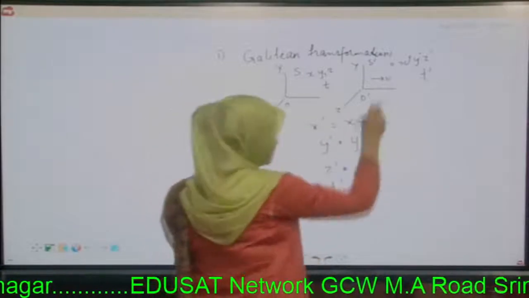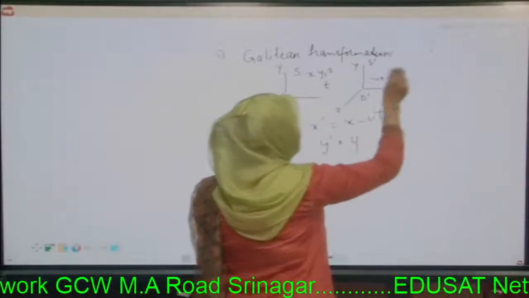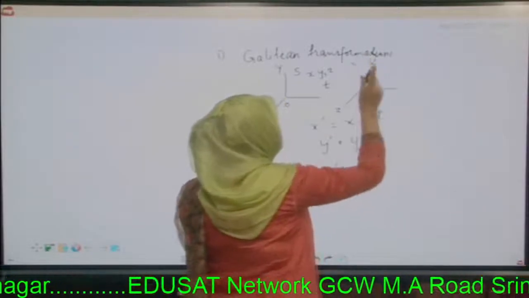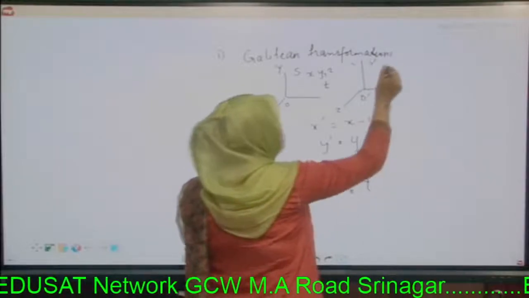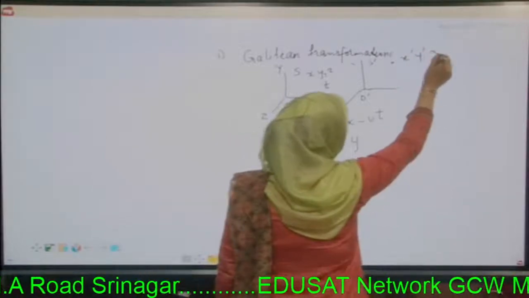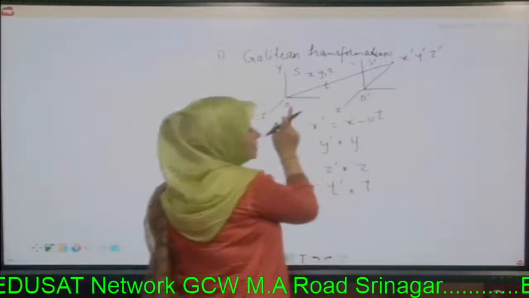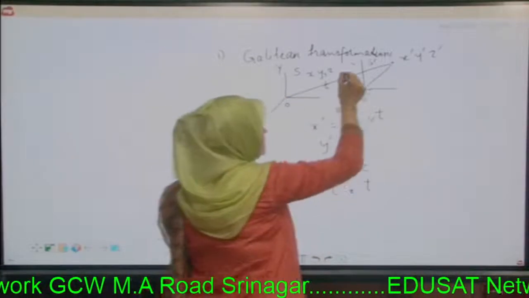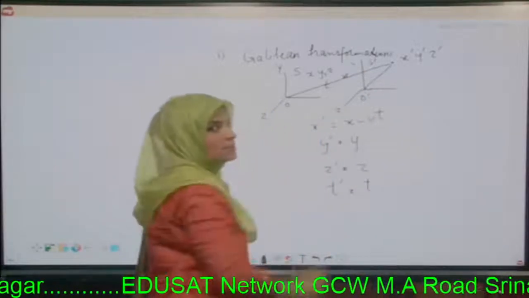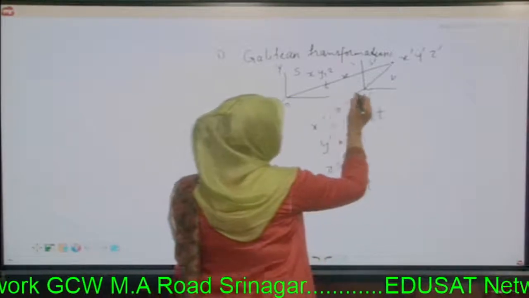For example, if I have chosen a point here, its coordinates are x dash, y dash and z dash. So I connect it like this, and from here I connect it like this. From the point of view of this observer, its coordinate is x, and from here it is x dash. And since this inertial frame is moving with respect to this inertial frame with a constant velocity v, we know that this distance obviously will be vt.